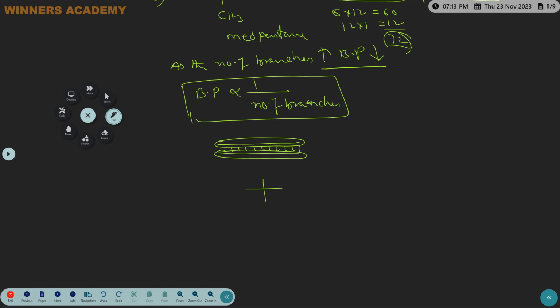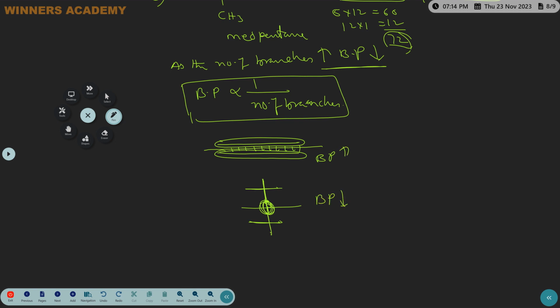But here the molecule is like this, and here is another molecule. Attraction is present between these two molecules like this. So here surface area is less. Here is neopentane, and this is another neopentane. So attraction is present only here, this much. We can break it down easily. But in the other, you have to break all these attractions. That is why its boiling point is more, and this one's boiling point is less.